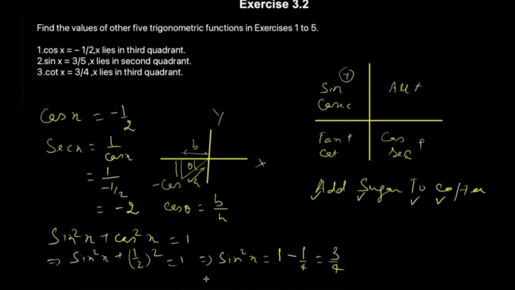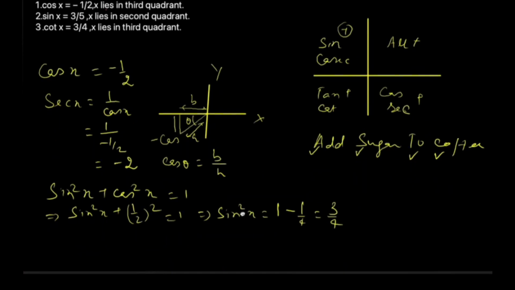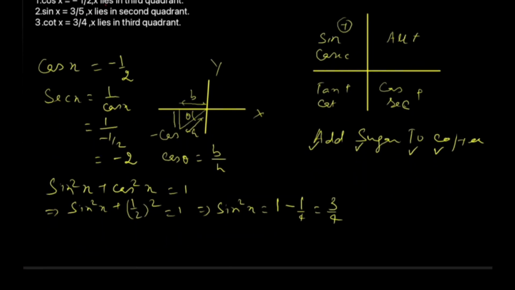With this you get sin x as square root of 3 by 4, which is square root of 3 by 2, and it will be plus and minus.